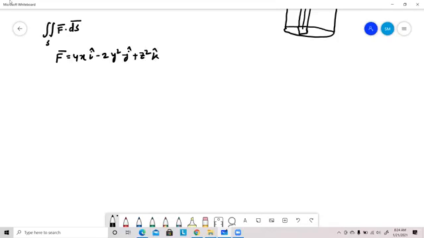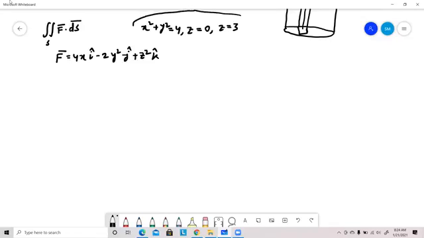Okay, and S is the surface bounding the region x square plus y square equal to 4, z equal to 0, z equal to 3. The bounding region is given by this.